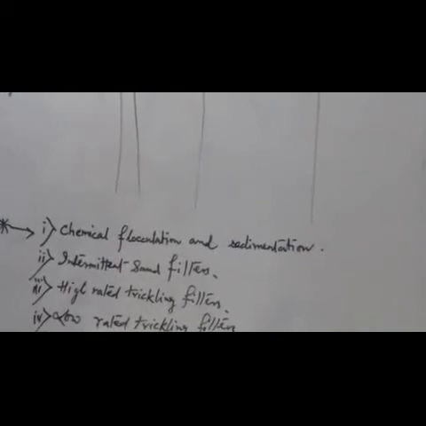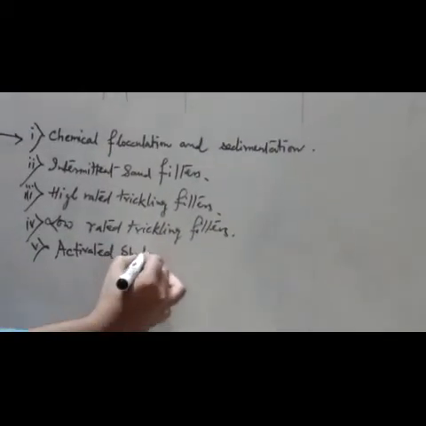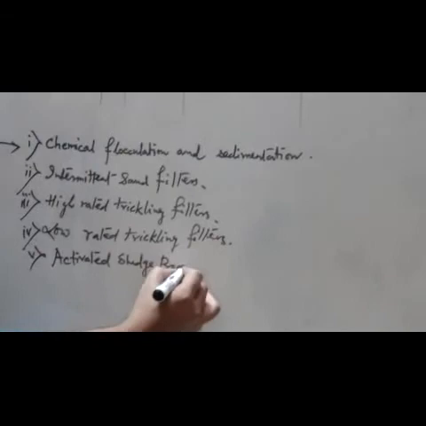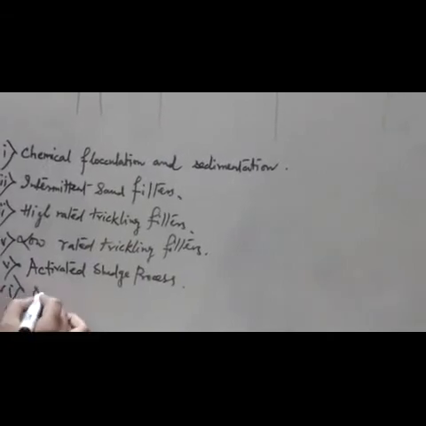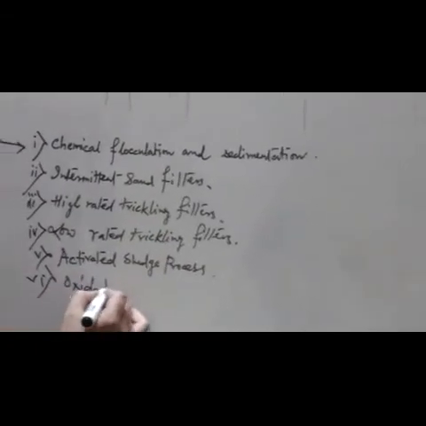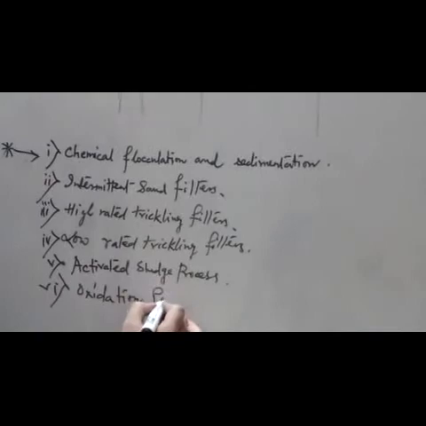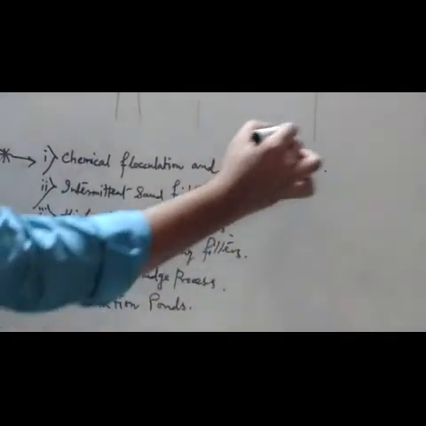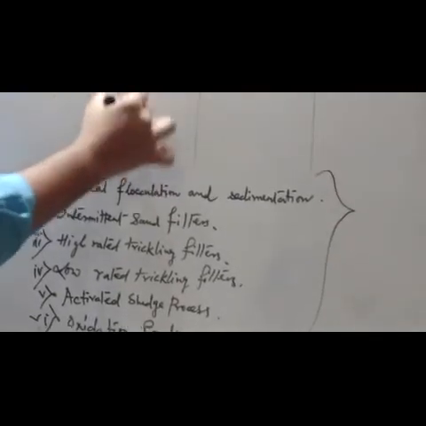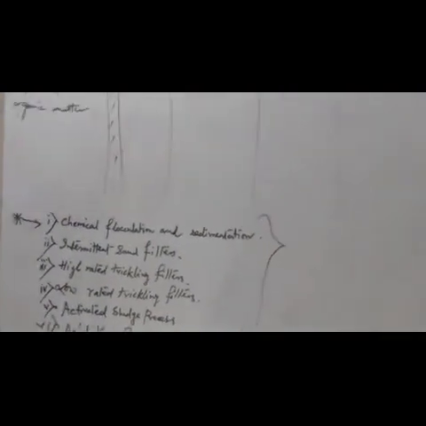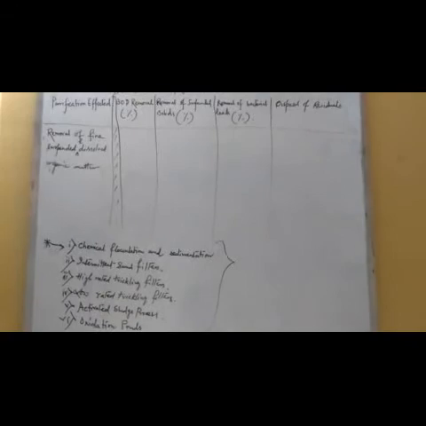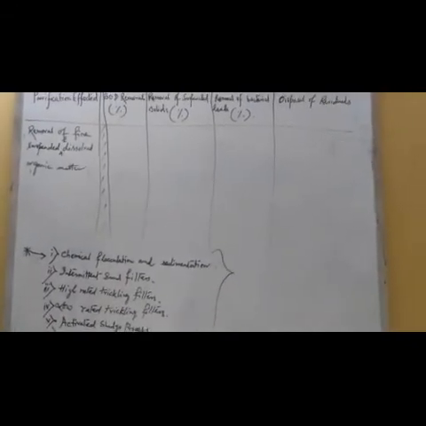This is a lengthy one. And the sixth one is oxidation ponds. So by these 6 methods we can carry out the secondary treatment unit processes.